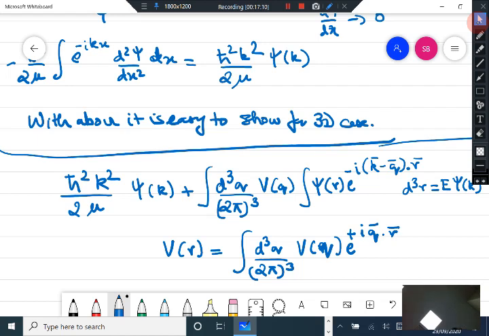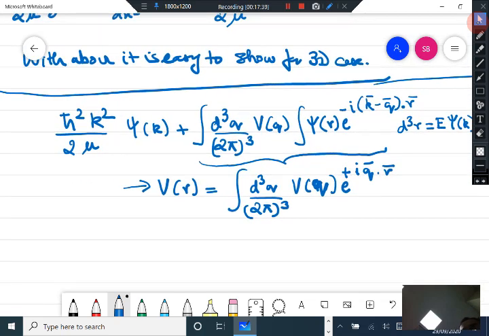Following the convention which I have already described earlier for psi of r, we can write down v of r as integral d cube q, integration over the momentum space, 2 pi cube v q e raised to iq dot r, and then we just put it back in that expression, and that is how you get this term. So all that we have done is just do that. Just replace this v of r in terms of the Fourier transform in this above expression.